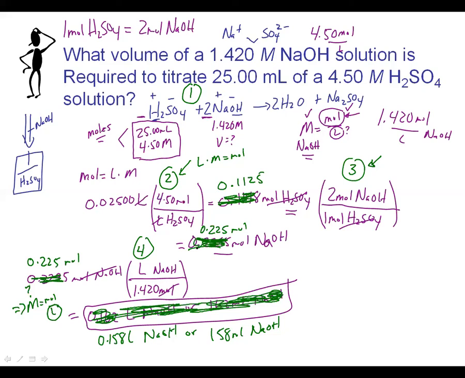Nah, I just screwed up. There we go. So the correct answer here should be 158 milliliters or 0.158 liters. Again, make sure you look at the calculator correctly. Any questions on the steps here for a titration problem? And like I said, sometimes the variation is that at the end you would be solving for molarity.